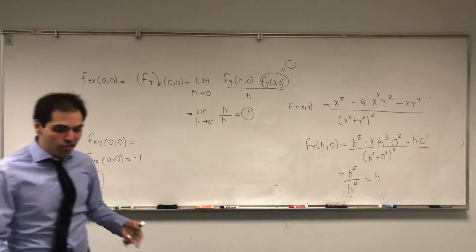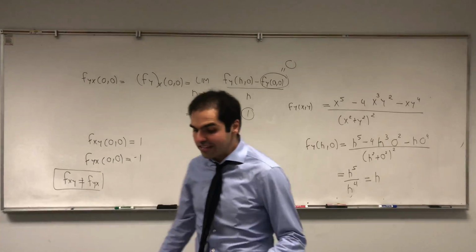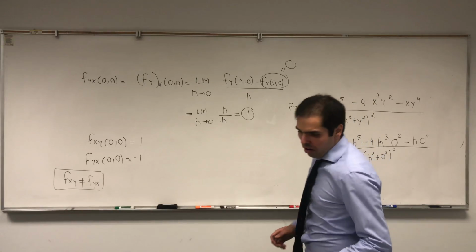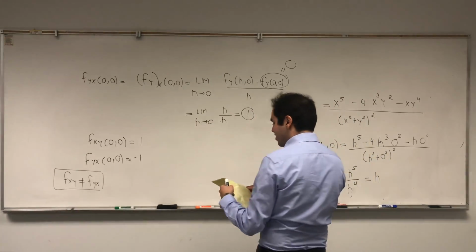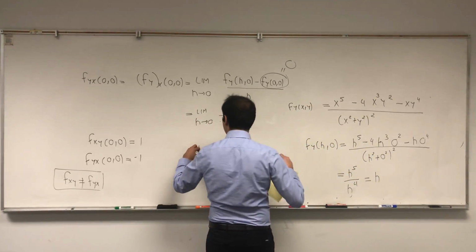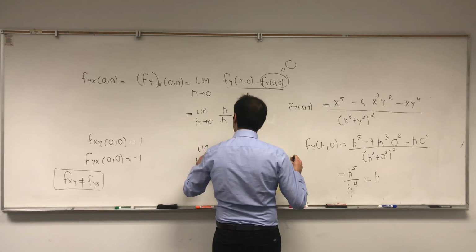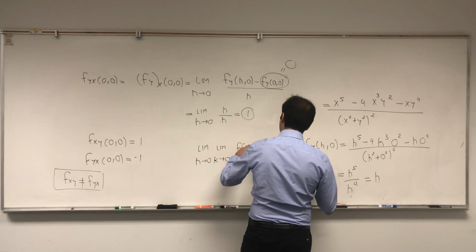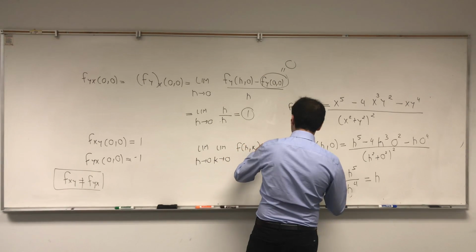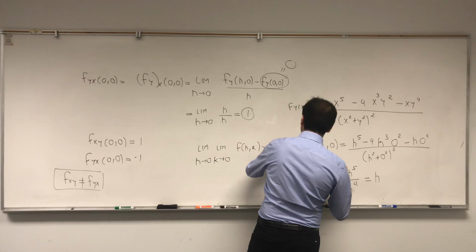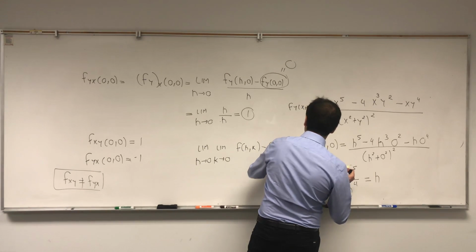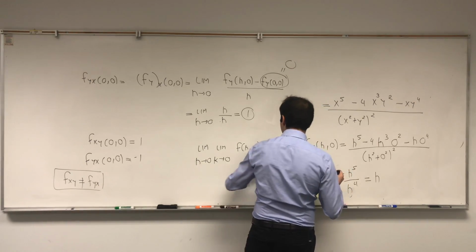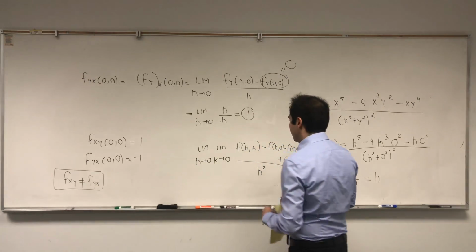And in fact, if you do the proof, the problem is with the interchange of limits. In all those cases, if you actually try to do the proof, you get something like the limit as h goes to 0, the limit as k goes to 0, of [f(h,k) - f(h,0) - f(0,k) + f(0,0)] over h squared.